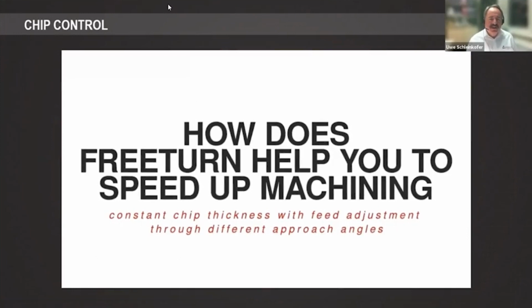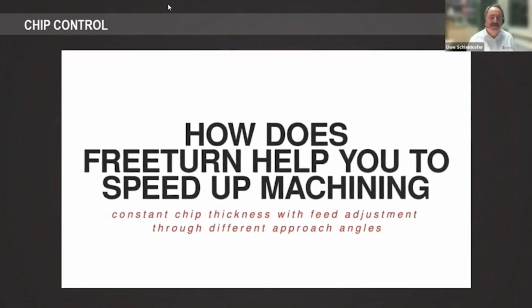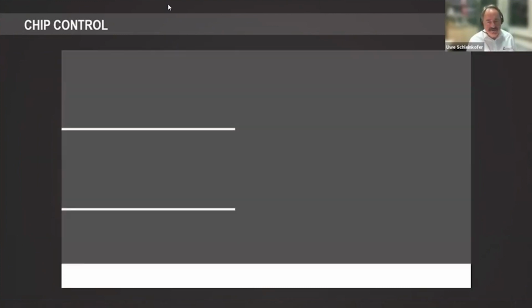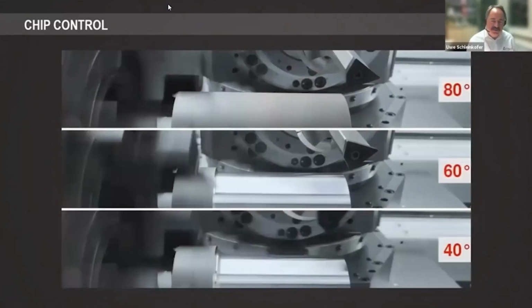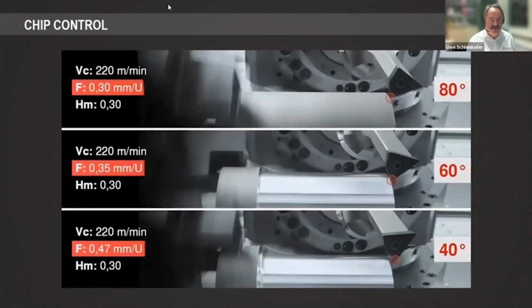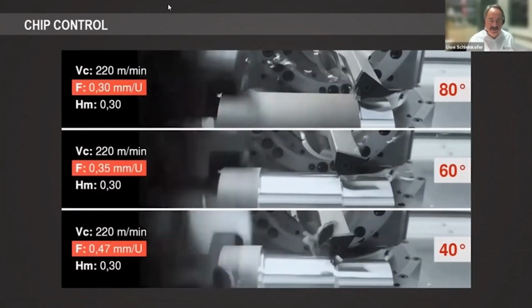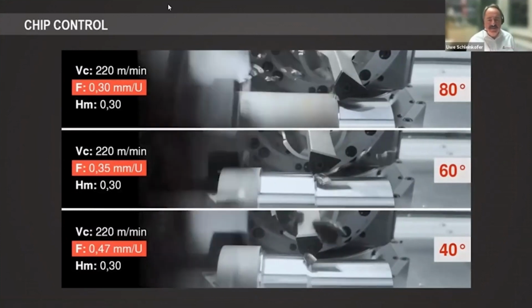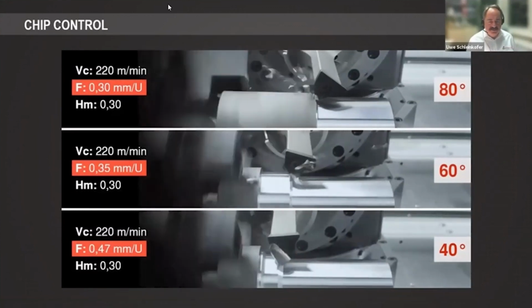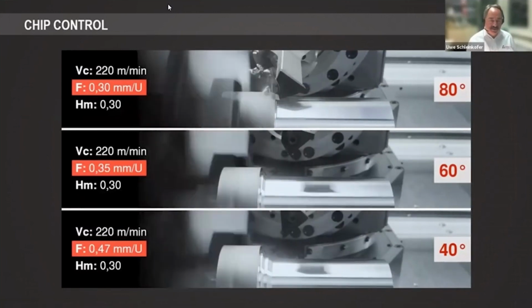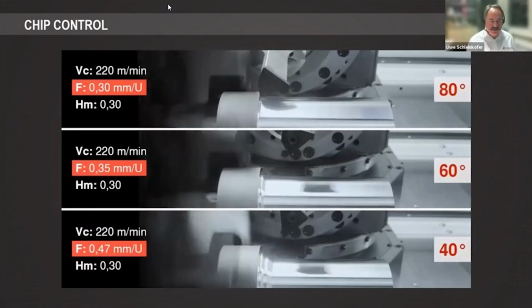So now, how does FreeTurn help you to speed up the machine? Of course, you can run with the lower approach angles much higher feed rates. And that's now shown here in that video. Everything is the same speed of the video. And you see you save half of the time of the 80-degree approach angle.